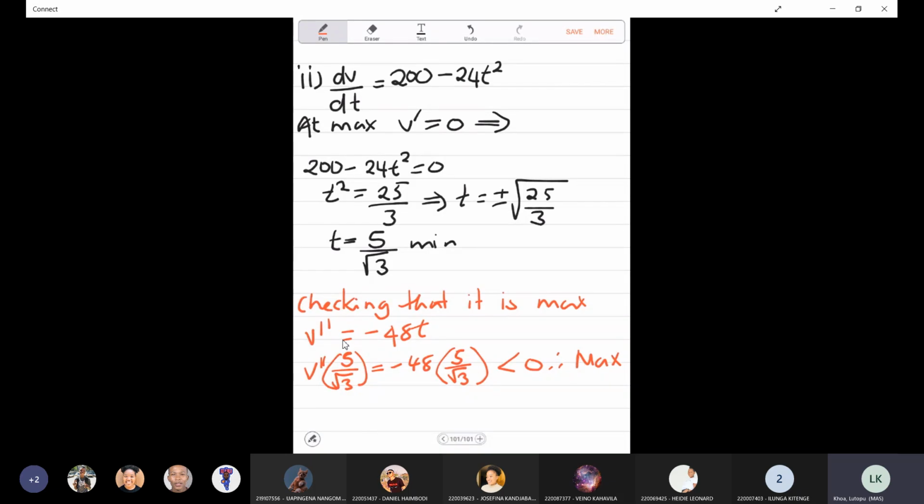Okay, then we carry on with what we were doing to actually work out the maximum velocity. So we say that our maximum velocity, this is v of 5 over square root of 3, which is equal to 200 times 5 over the square root of 3 minus 8 times 5 over the square root of 3 cubed.